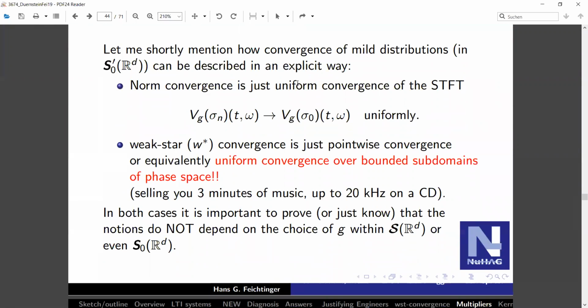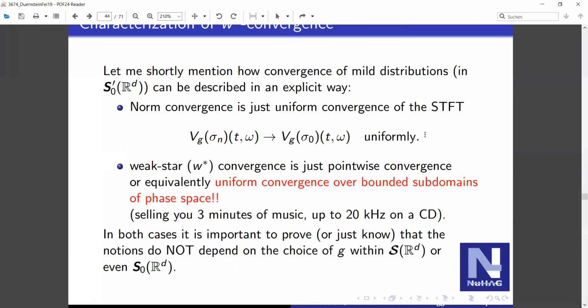Now, last statement for today, I would like to mention at least what is this strange weak star convergence? We have seen a number of examples at the beginning of this session of objects which are weak star convergent with some limit. But I'm giving you first a necessary statement and I claim a converse.